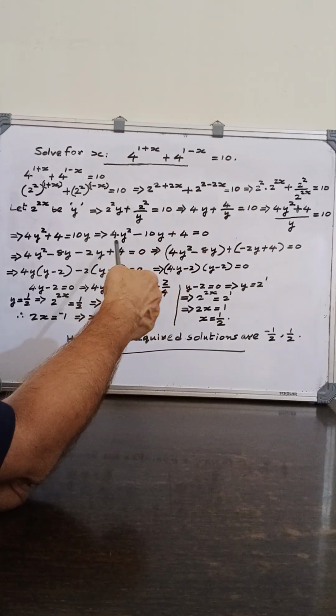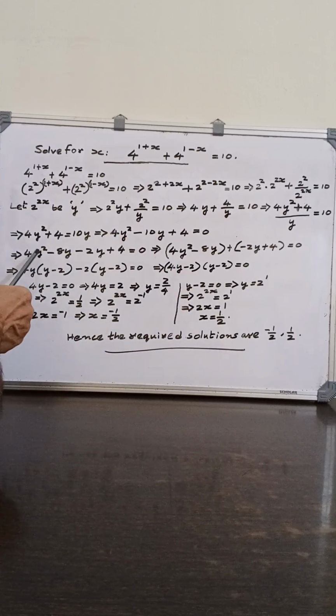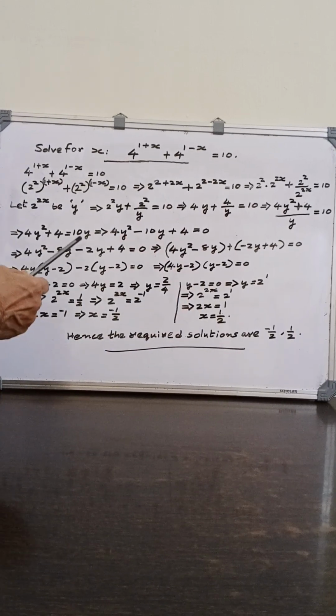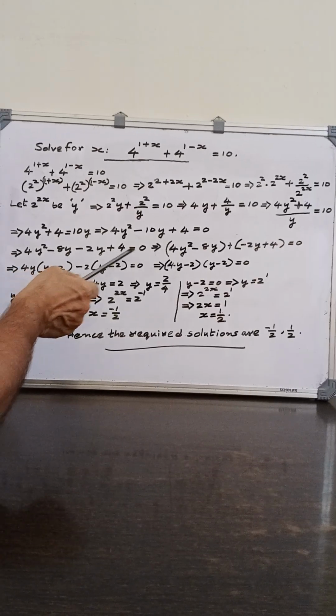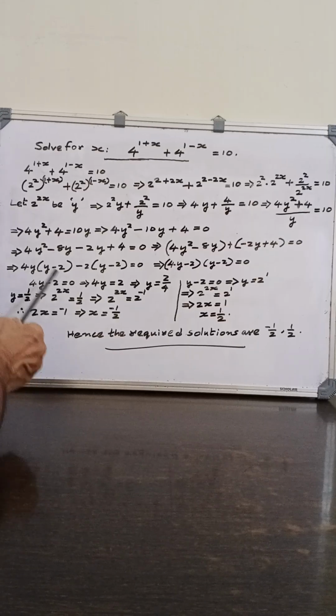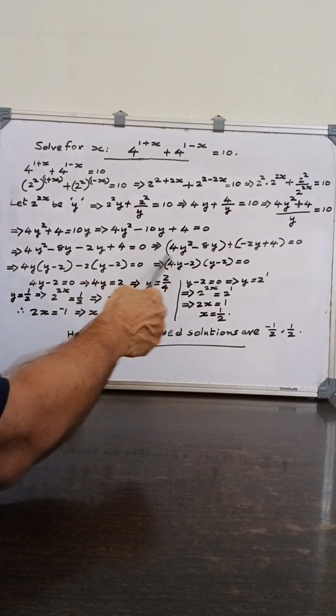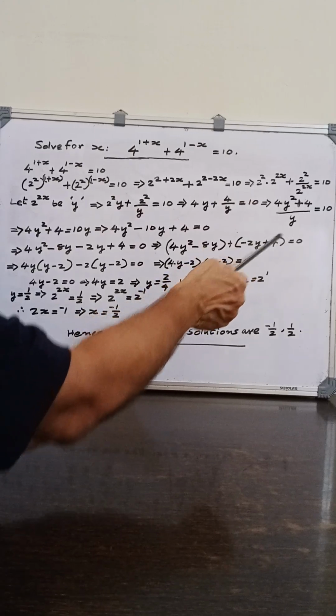Then, using the concept of splitting the middle term, 4y squared minus 8y minus 2y plus 4 equals 0.